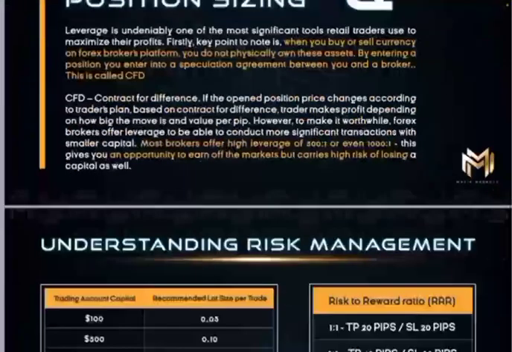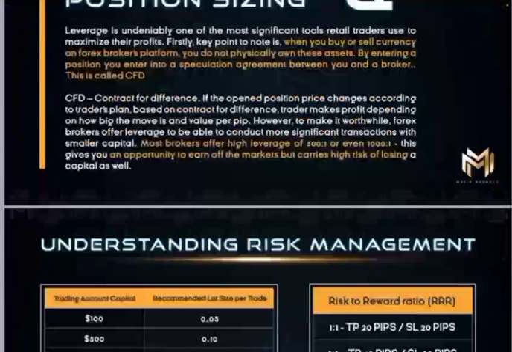Leverage. Without the leverage, we wouldn't be here, guys. Leverage is undeniably one of the most significant tools that a trader uses to make profits. The most important thing to note is that when you are buying or selling currency on the broker's platform, you do not physically own these assets.